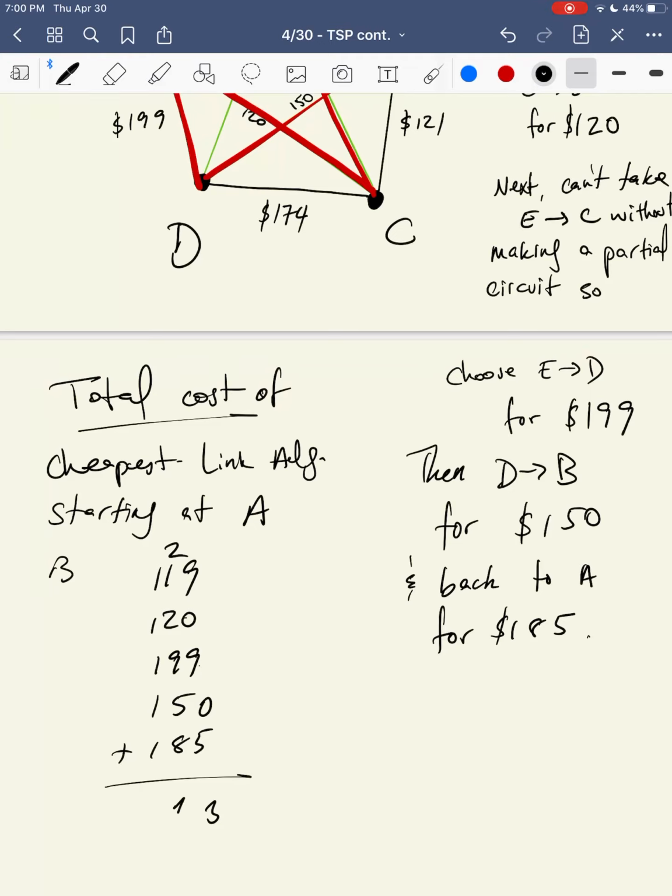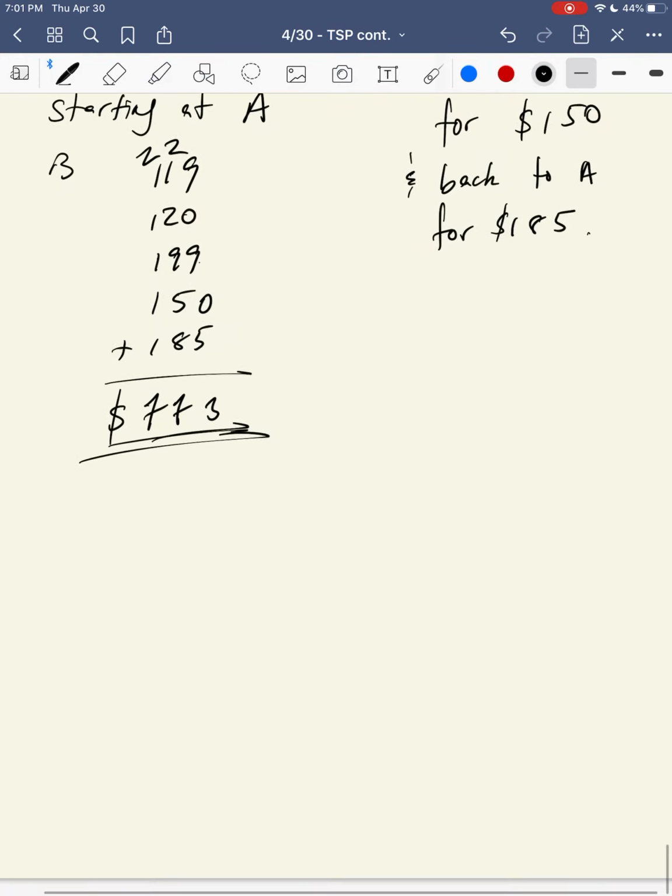Okay, so this cheapest link algorithm costs us 773.